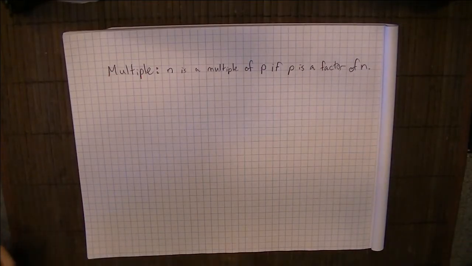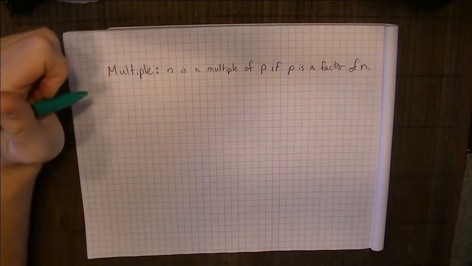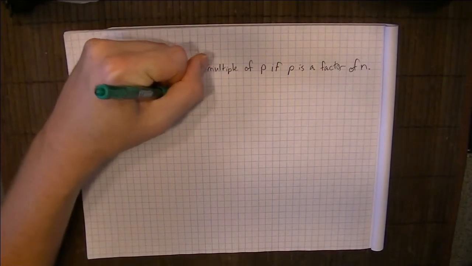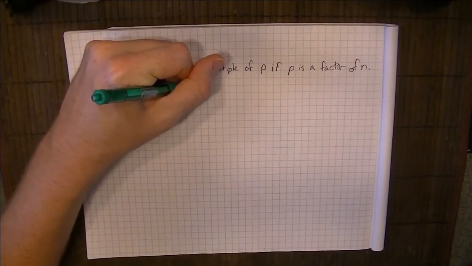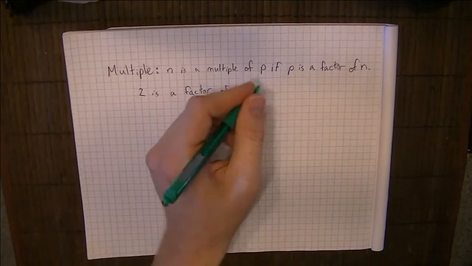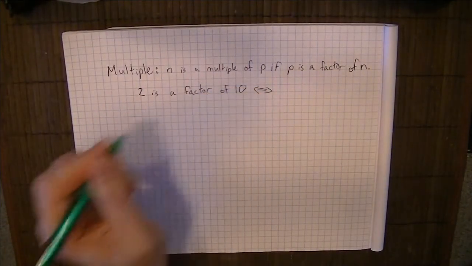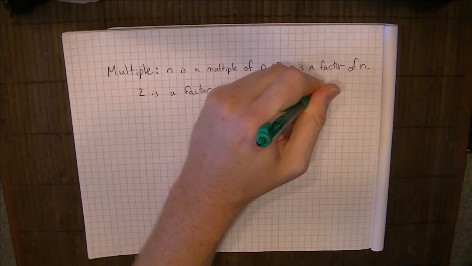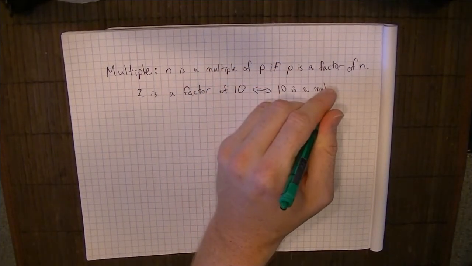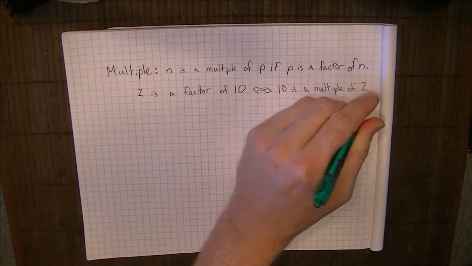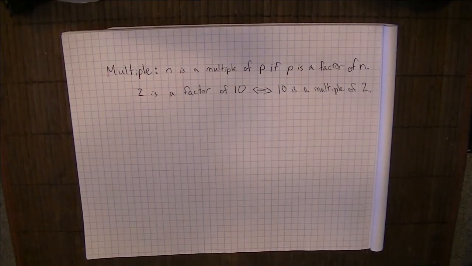So for example, I know that 2 is a factor of 10. So that's the same thing as saying 10 is a multiple of 2. Okay?